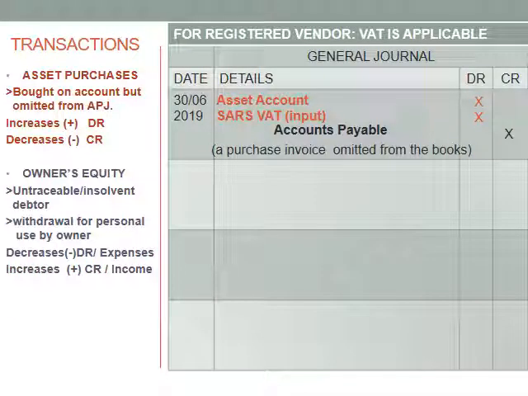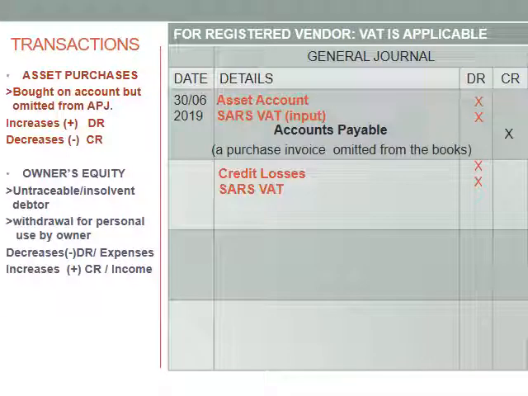For the equity accounts, if we are dealing with an untraceable or insolvent debtor, the balance owed should be written off as irrecoverable. An expense account will be created in our books called credit loss.